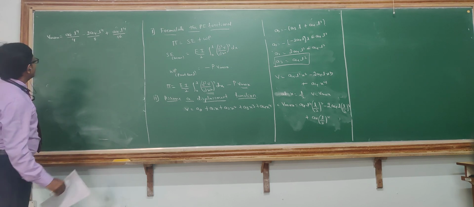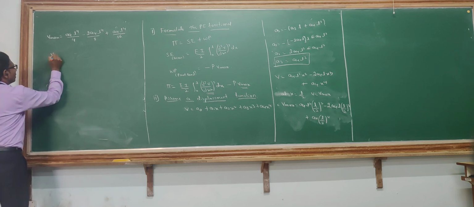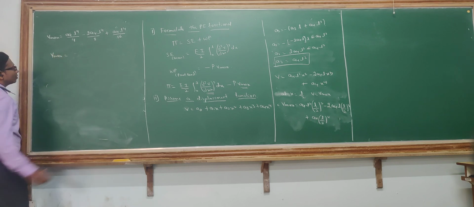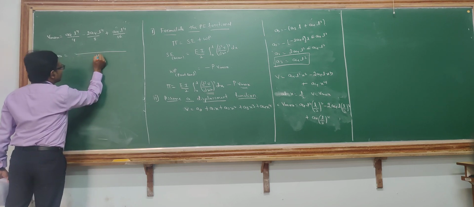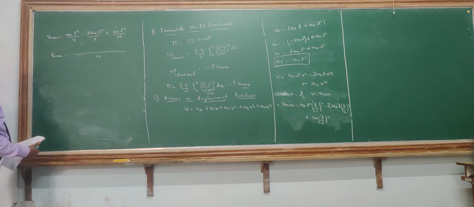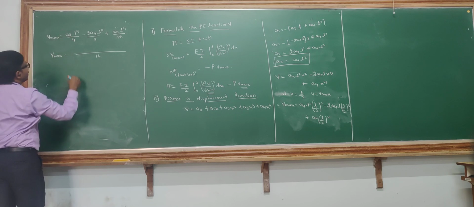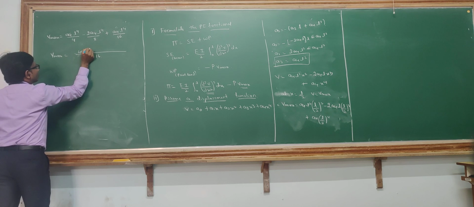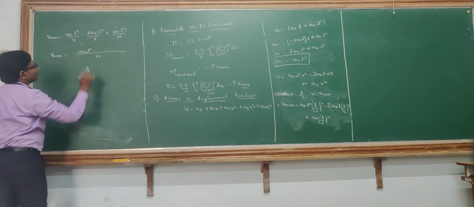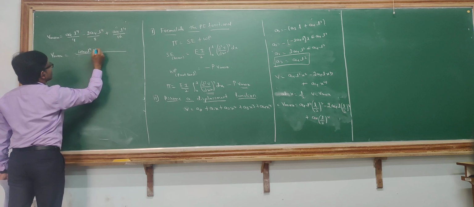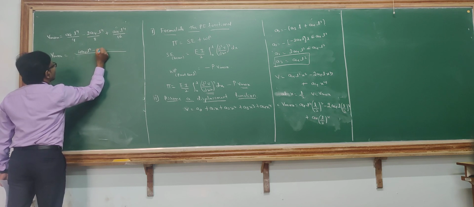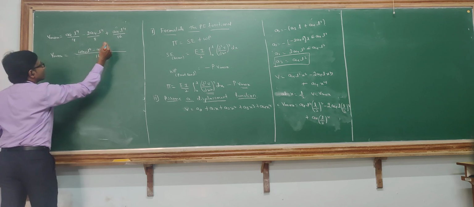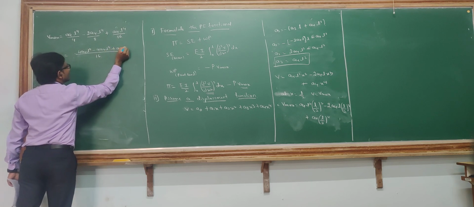We need to solve them now. So if I take V max here, I have to take the LCM out of it. So LCM will be 16 for this. Yeah, LCM will be 16. So if I take 16 here, 4 is 4A4 L raised to 4, minus 8 twos, so minus 4A4 L raised to 4, and 16 ones are plus A4 L raised to 4.